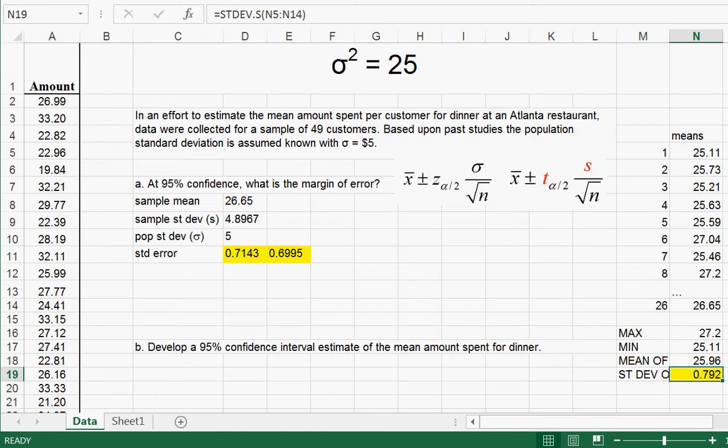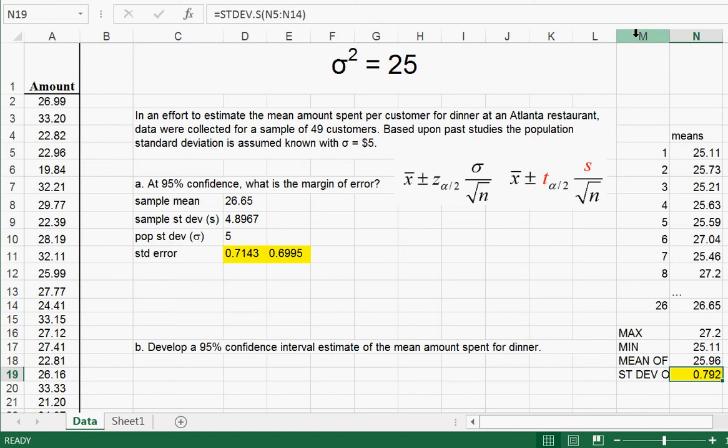In analysis of variance, we essentially use these two things and we compare them to make more decisions regarding business.